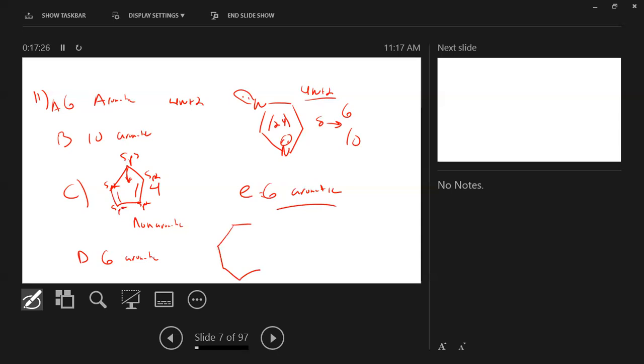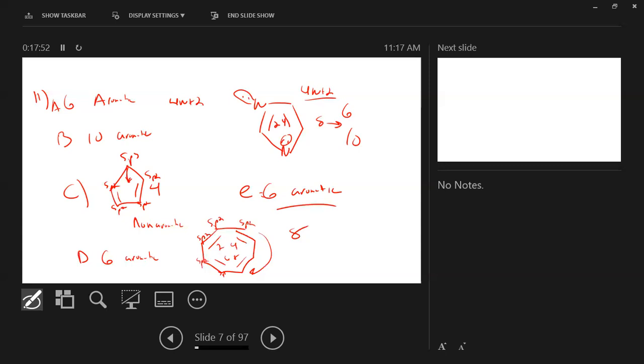I'm not the best drawer at these things. Here we have all sp2 carbons, right? Everything's sp2. We could keep on going, it's all going to be sp2. So if 2, 4, 6, 8, this is going to be anti-aromatic.